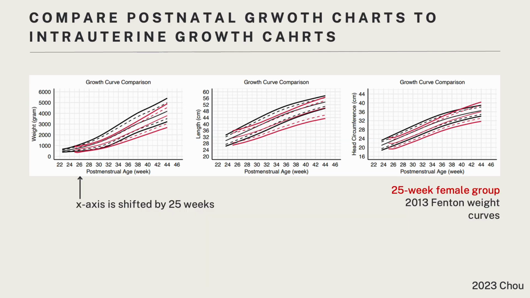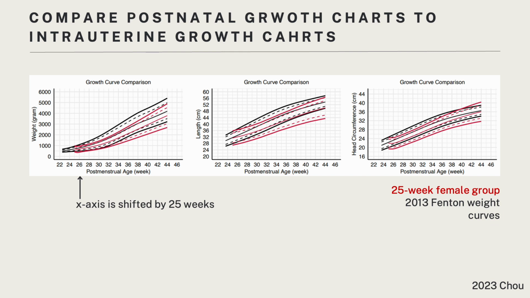Here I'm showing you comparisons between postnatal growth trajectory and the 2013 Fenton intrauterine growth charts. As you can see here, the median weight gain velocity, or the slope, between 28 and 34 weeks may be in approximate parallel to each other. The other percentile curves between two charts were not.